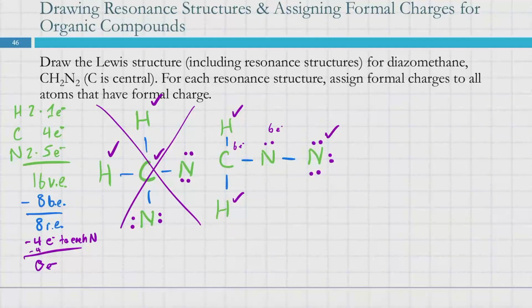So we need to get more electrons in the hands of our carbon. We can do that by moving this lone pair in. And now carbon's happy, it's got its 4 bonds for 8 electrons. The nitrogen in the middle is still not happy with an octet though. And so that's when our terminal nitrogen is going to come in and save the day.